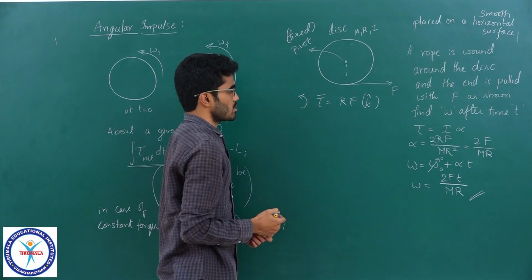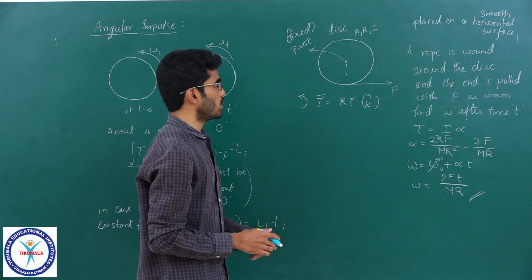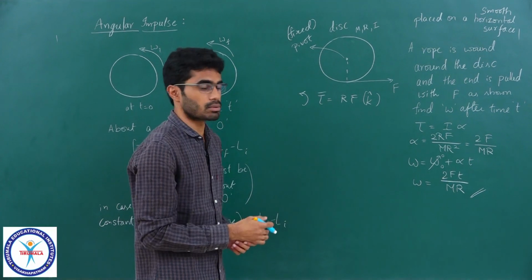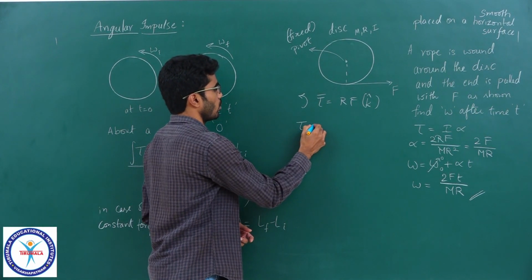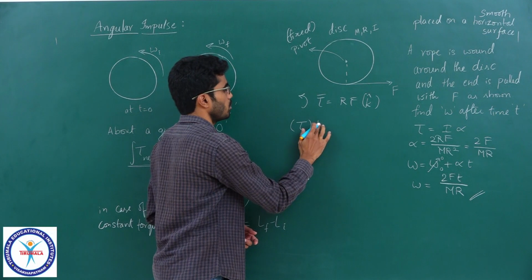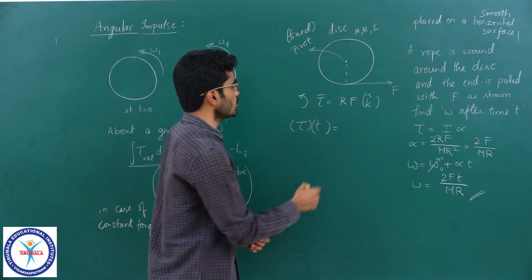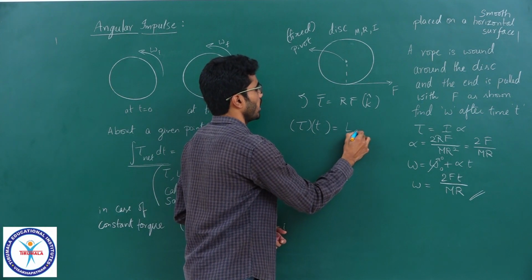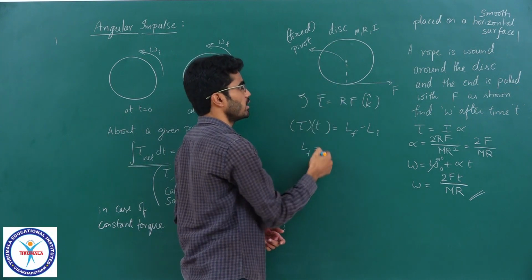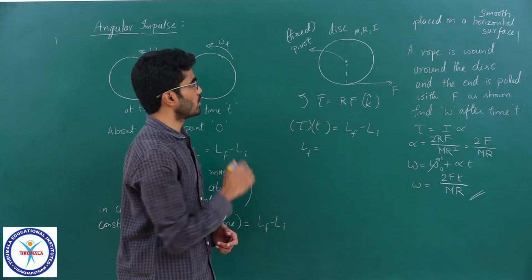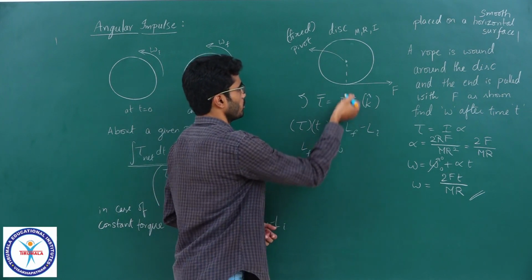Because of this, it will get angular acceleration and speed up, and it will get some angular speed after time t. Now we say that for a constant torque, torque into time is equal to the change in angular momentum, so L final minus L initial. L final, let us say it is finally rotating about its center with an angular speed omega, so L final will be I omega.